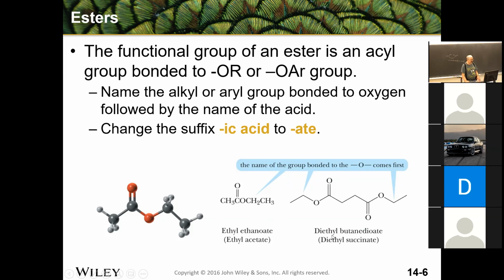This one is diethyl butanedioate, or the common name for butanedioic acid is succinic acid. So commonly this would be diethyl succinate.